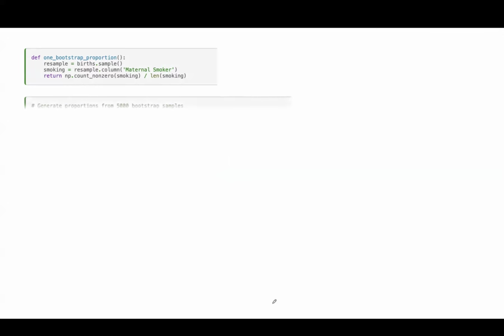So let's see, what do we have? Let's define our function as usual. And generate the proportion from 5,000 bootstrap samples by repeating 5,000 times using a for loop.